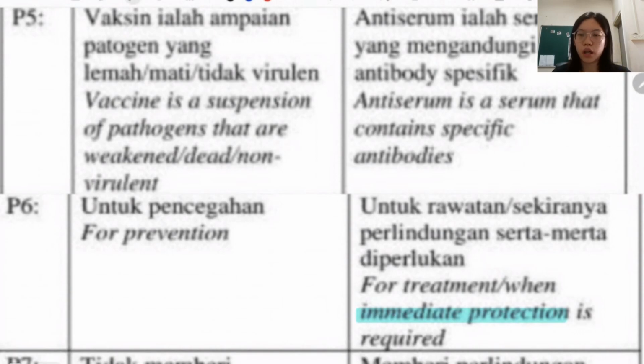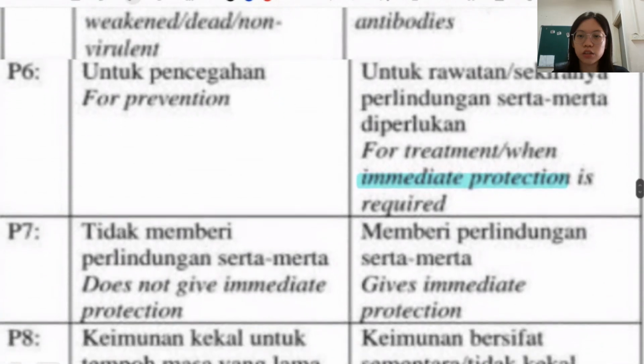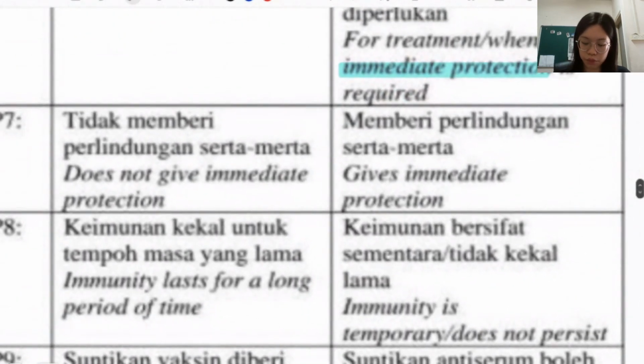Or maybe you are going to a place where you have a high risk of getting bitten by a snake, then you can also get it. But the thing is, it doesn't last long, so it's temporary.